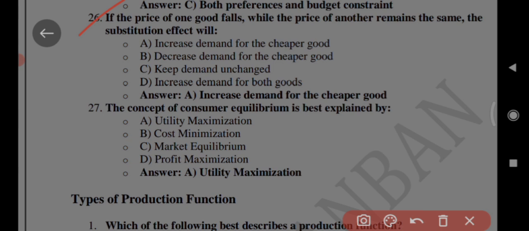If the price of one good falls while the price of another remains the same, the substitution effect will, option A, increase demand for the cheaper good. The concept of consumer equilibrium is best explained by option A, utility maximization.